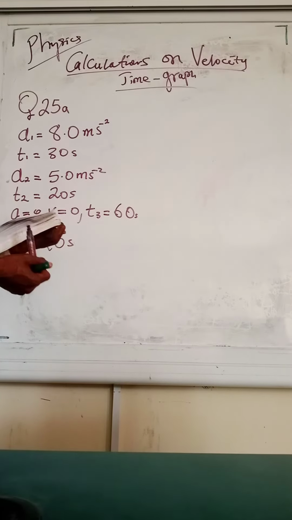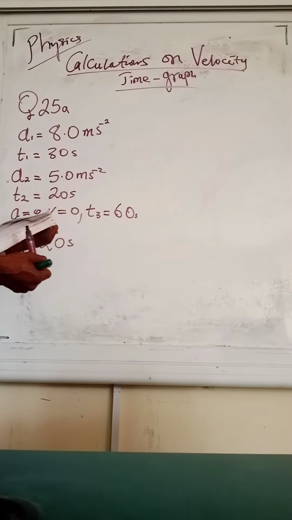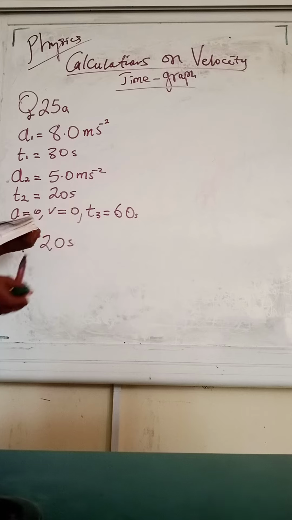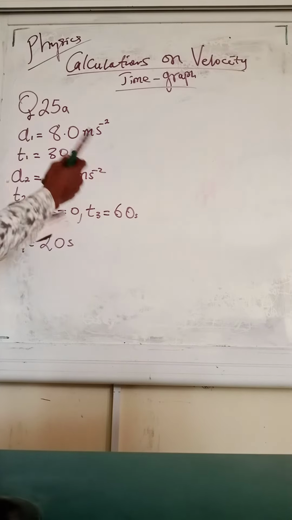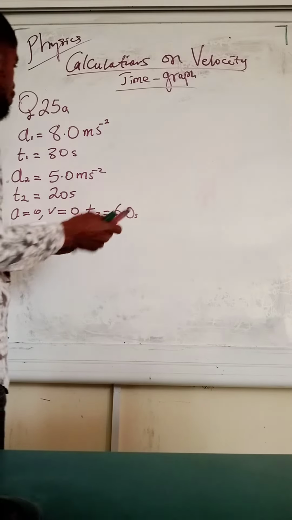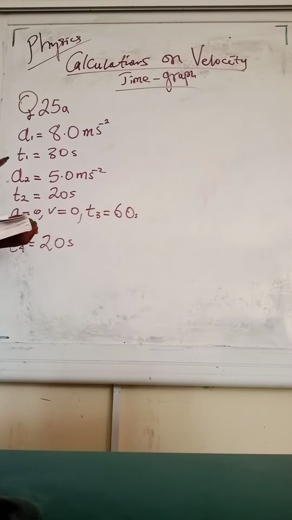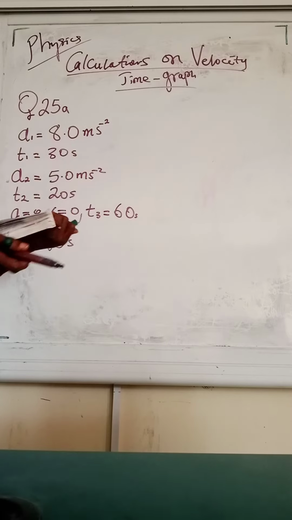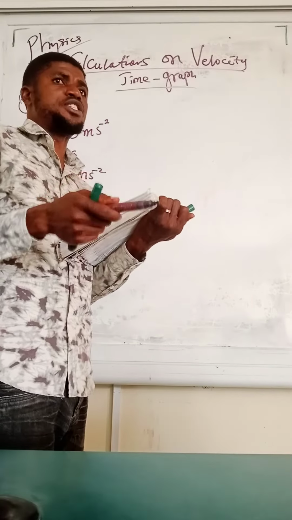Now the question is, draw the velocity time graph of the motion using the information given above. The first thing we are going to do right now is to draw a velocity time graph. However, we may have something like an acceleration time graph, just like we have distance versus t-square graph.